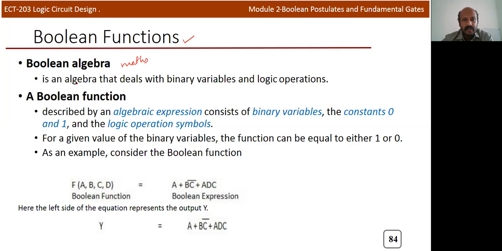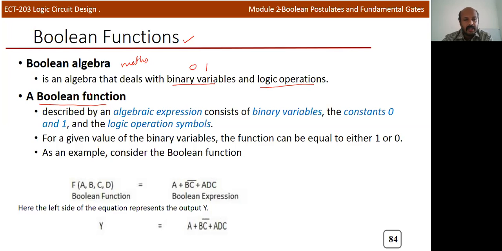In Boolean algebra, we use binary variables and logical operators. It's an algebra which deals with binary variables, meaning they can take the value 0 or 1, and logical operations AND, OR, NOT, etc. This is Boolean algebra.